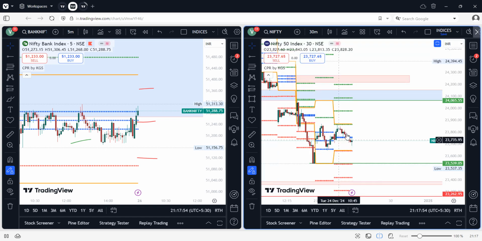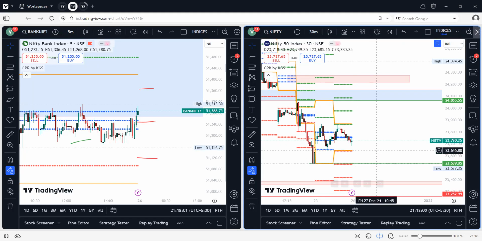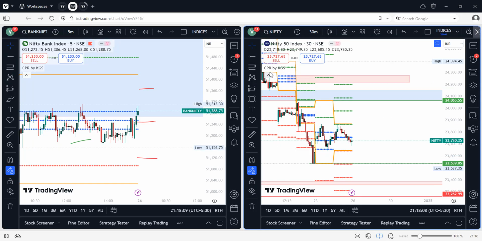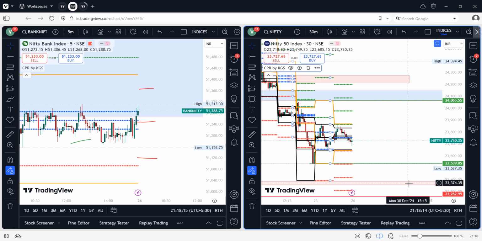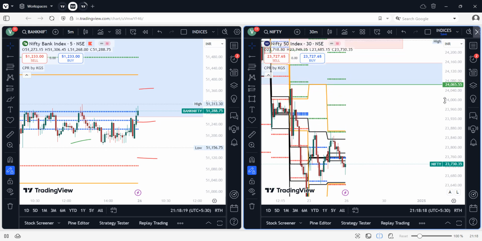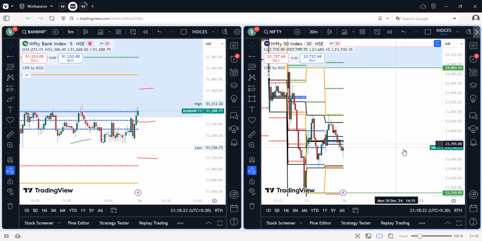There is no turning point here, so no turning point. Now the trend of Nifty is a downtrend as per my analysis. So here already it is a downtrend. Now let's analyze what is the probability for tomorrow, whether it is going to be a trending day or a sideways day. Let's do it.